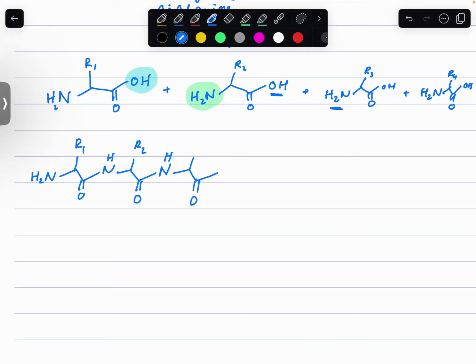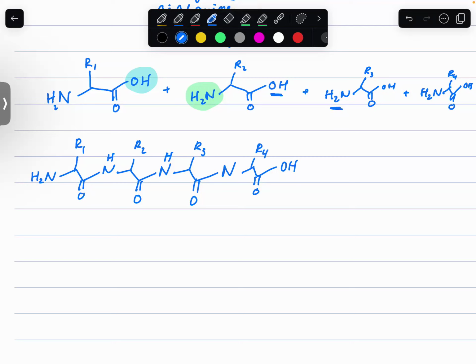And we're going to repeat it one more time with our last one. And because we have no other amine to add on, this one will end in the carboxylic acid. So that would be our basic structure.